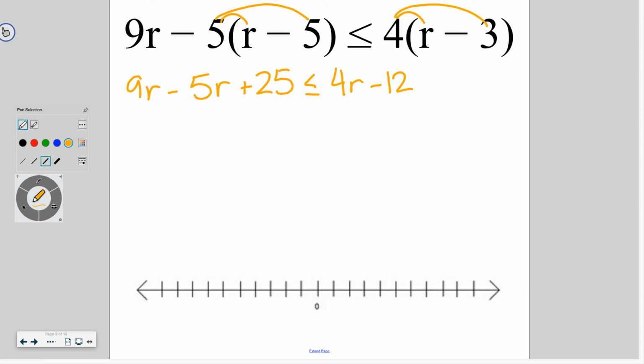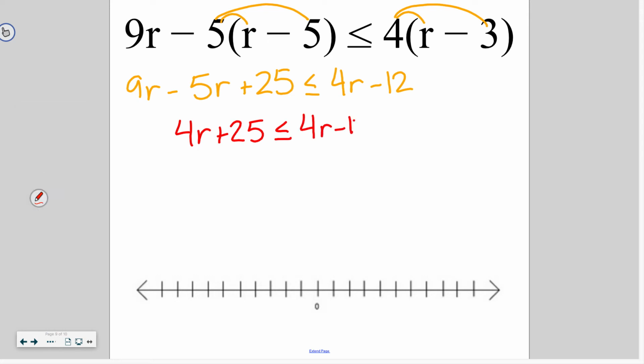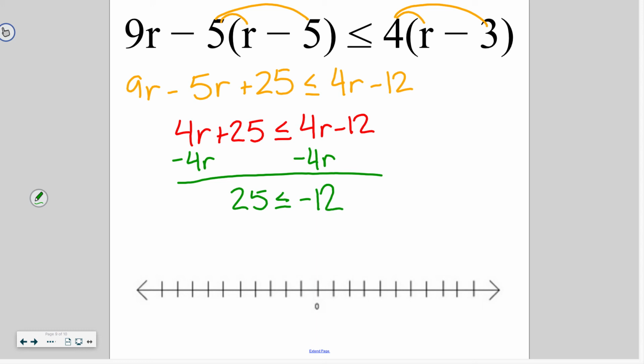When I combine my r's on the left side, I get 4r plus 25 is less than or equal to 4r minus 12. Subtracting 4r from both sides, I get an answer of 25 is less than or equal to -12.